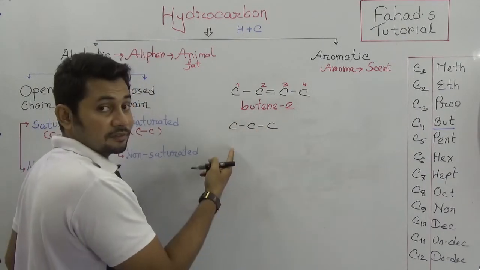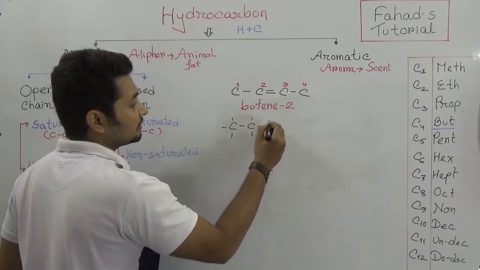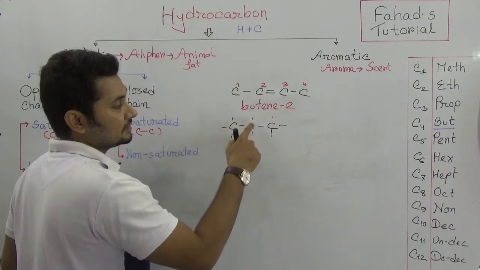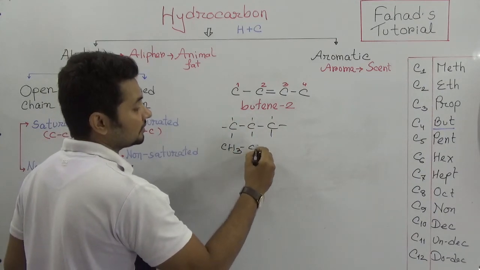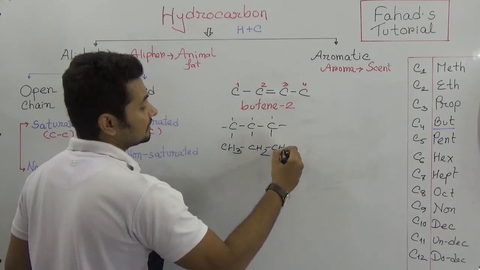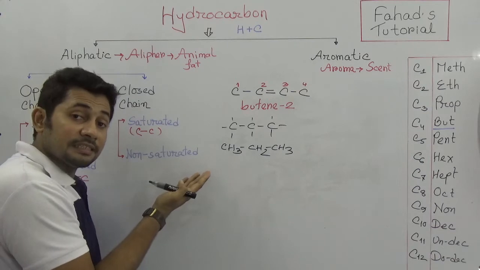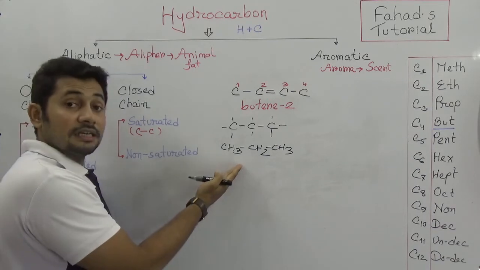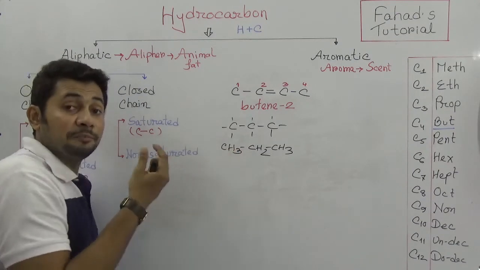So it can be like that when there are 3 carbons, 1, 2, 3 in an open chain form, and there is a single bond. This is a saturated aliphatic hydrocarbon. So it is CH3, CH2, CH3. When we write like this, we can say this is open chain, and there is no double or triple bond. So this is saturated. The saturated aliphatic hydrocarbon name is propane.